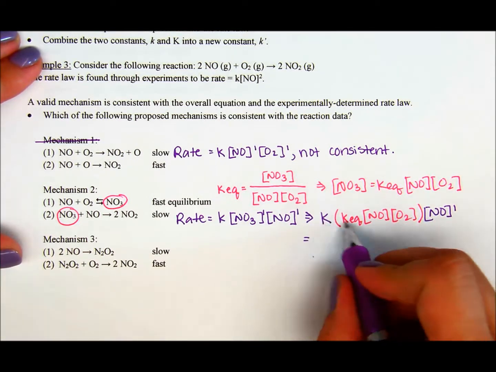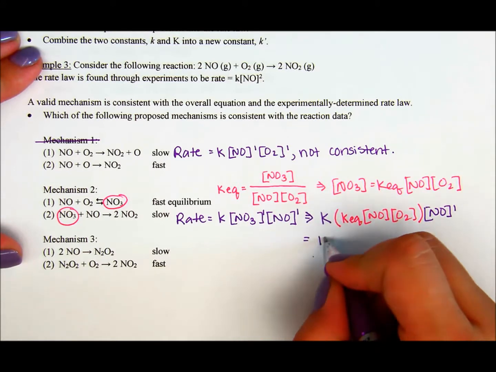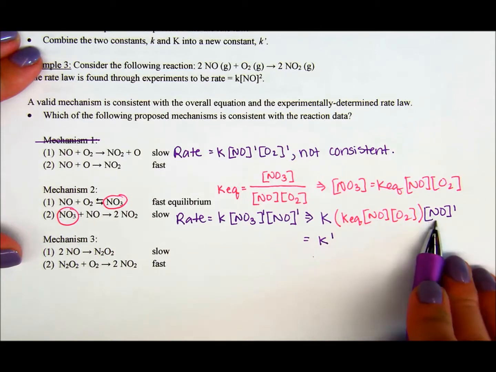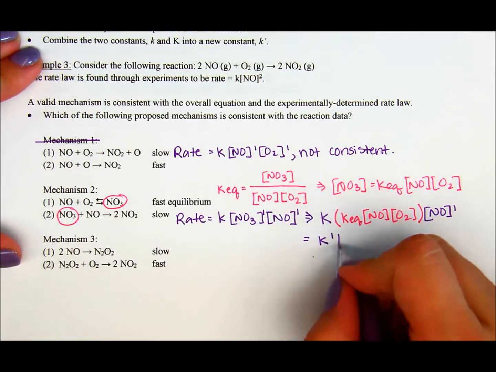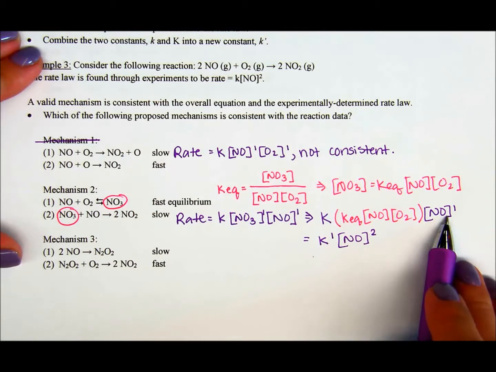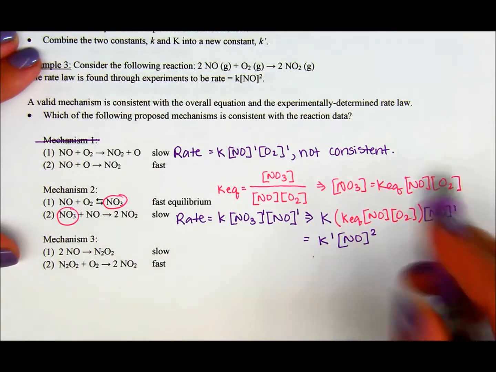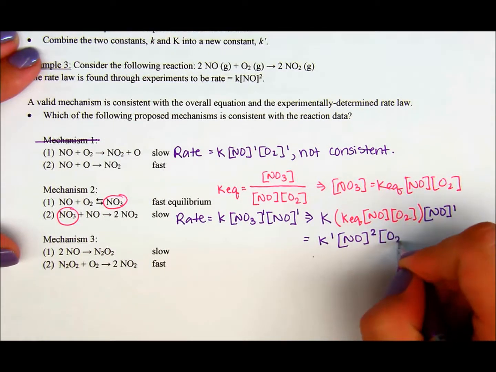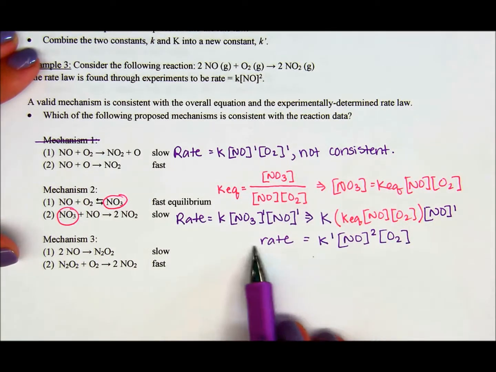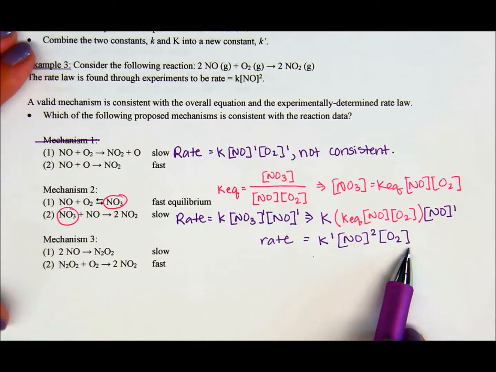So rate equals K prime, and then I have two NOs here, so my new exponent is going to be 2, so times NO squared, and then my O2, and we'll have rate equals. So this would be our overall rate law then for this mechanism.